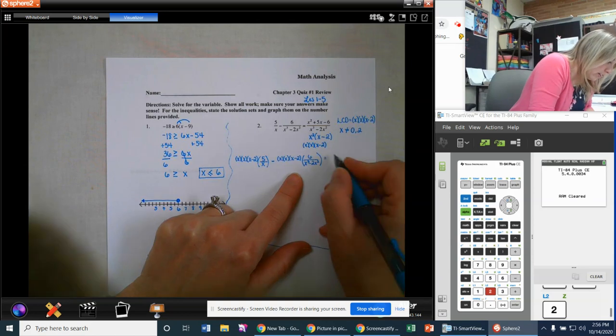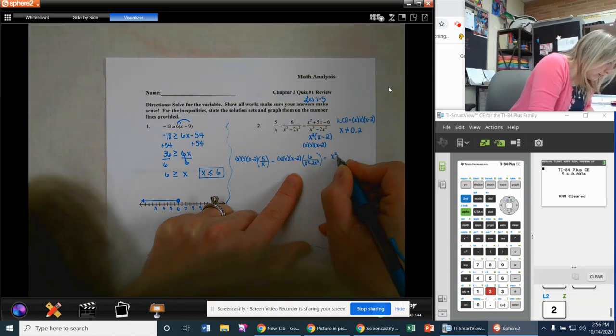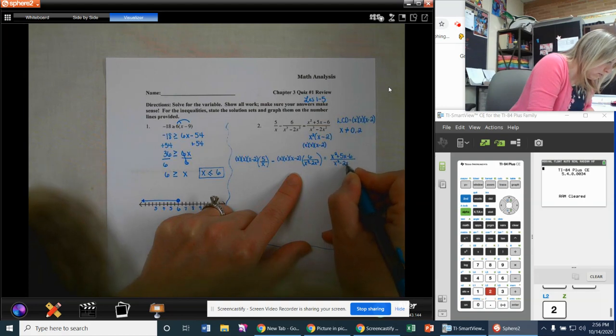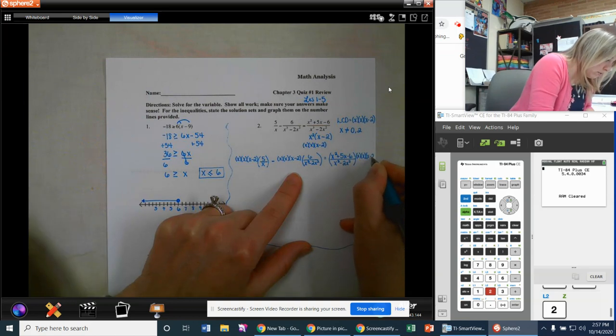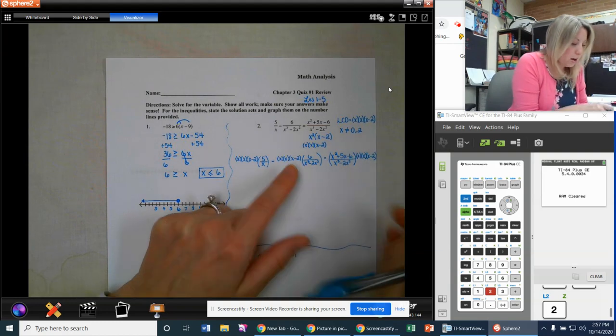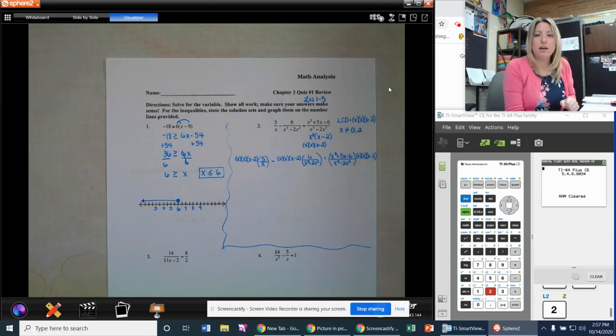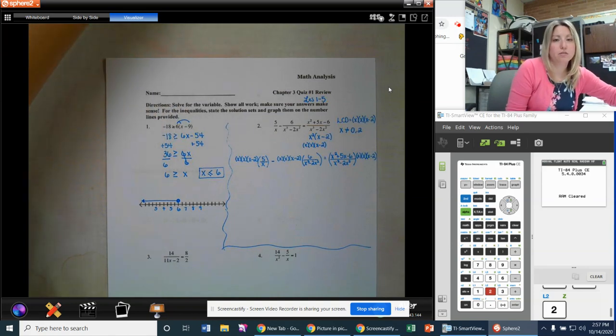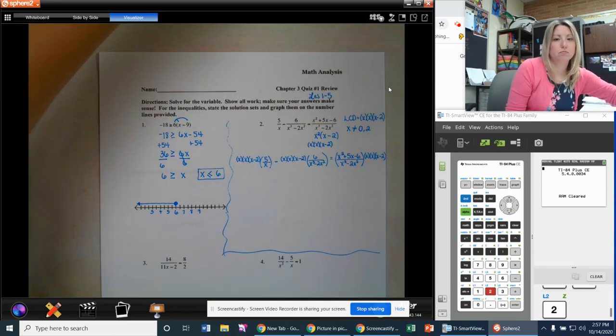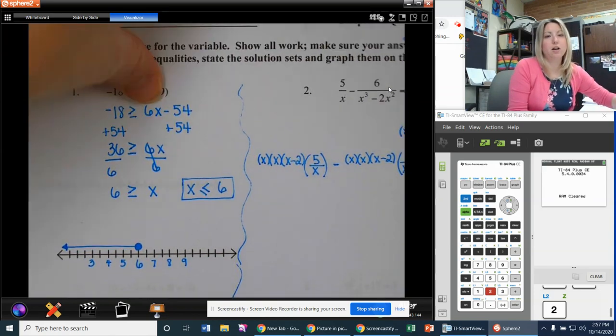Okay, and then on the other side, yikes. Ugh. Gotta multiply it all by the LCD, x minus 2. Oh, accidentally wrote on my tie-dye sheet here. Okay, let's cancel. Let's do some canceling. There we go.